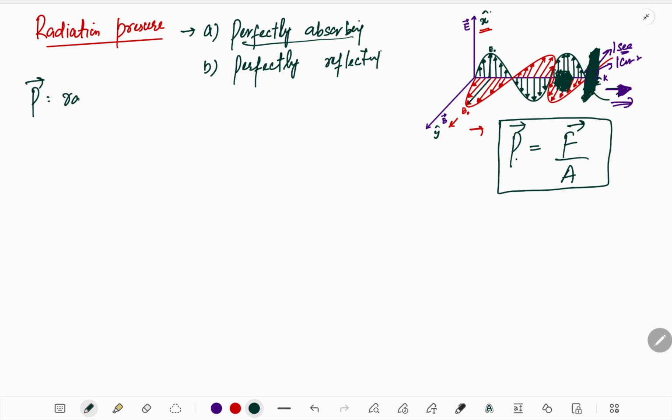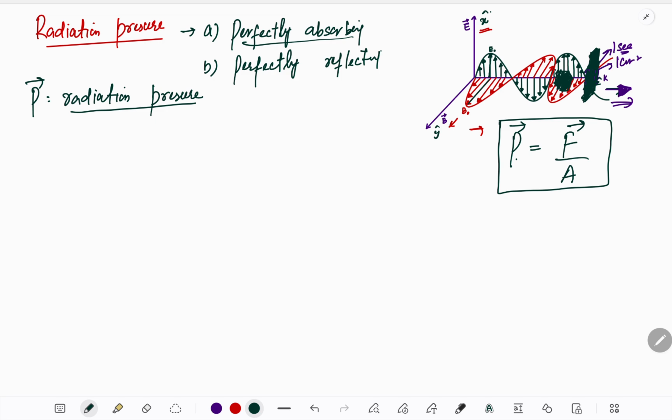P is the radiation pressure. So basically, radiation pressure is the force per unit area felt by any perfectly absorbing or perfectly reflecting surface, when the electromagnetic wave that carries momentum density transfers some momentum to the surface.